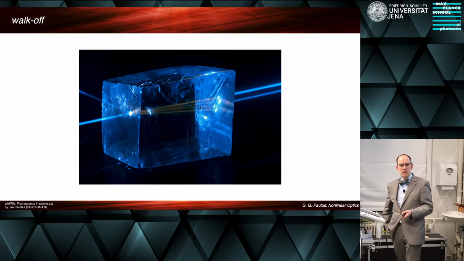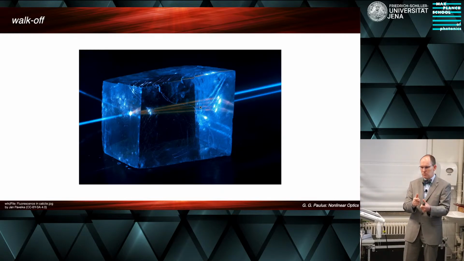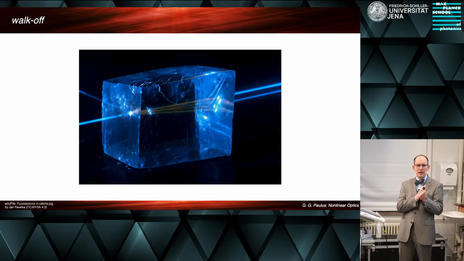And this is obviously a problem that will affect two things, namely, as I explained already, efficiency. But the other thing is that it will also distort the beam profile of the product beam.